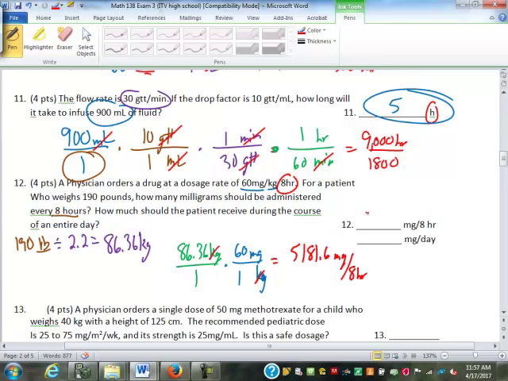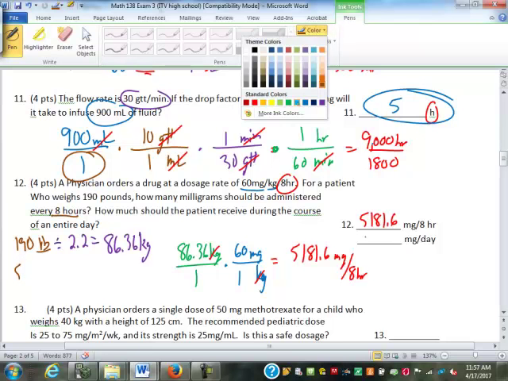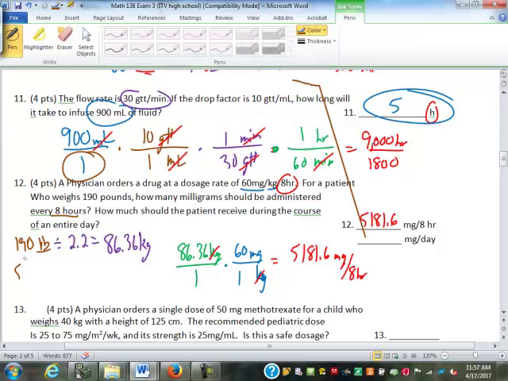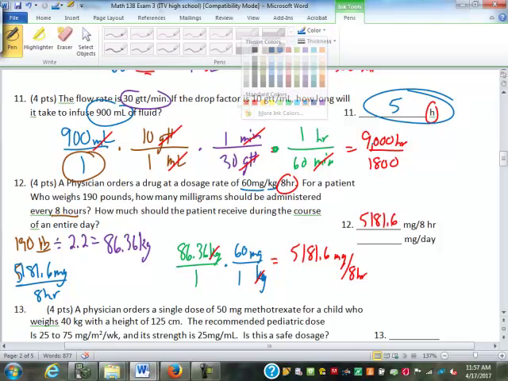So that's the first one up here, 5181.6. Now the bottom one is per day. So to do that extra step, we go to the 5,181.6 milligrams every 8 hours. Let me change colors here. Converting it to a day, hours here, day here, 1 day is 24 hours.